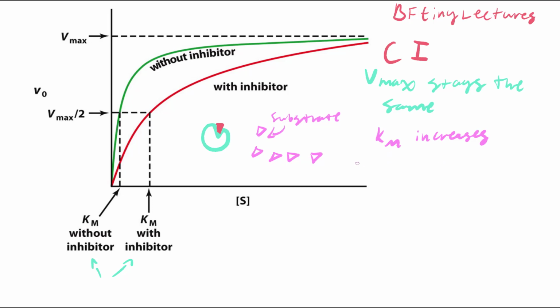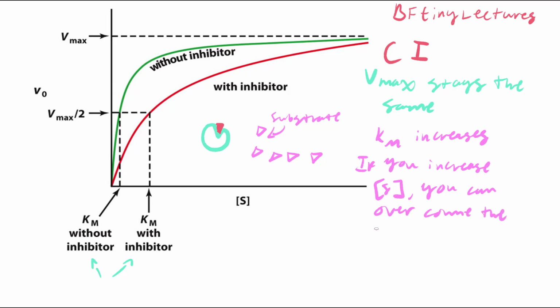So, if you increase the substrate, you can overcome the inhibitor. Okay, so you can actually do the reaction.